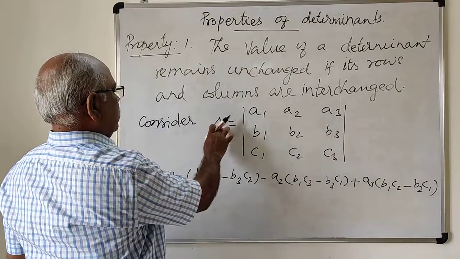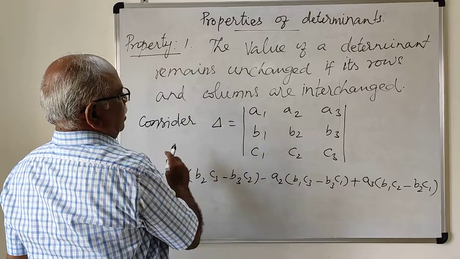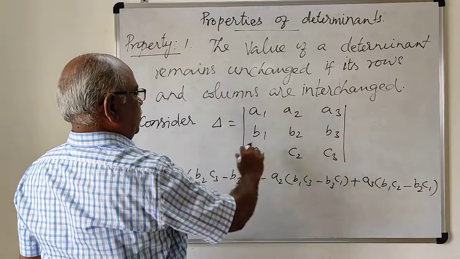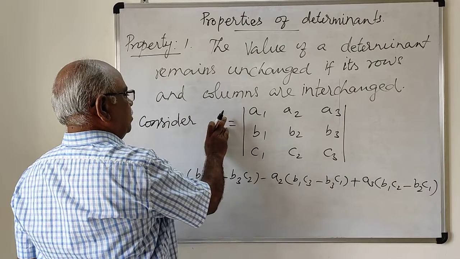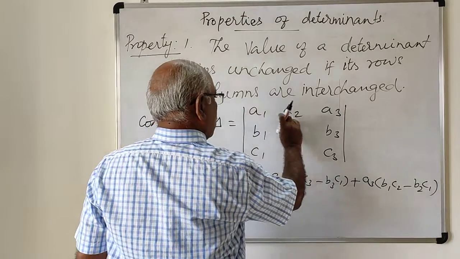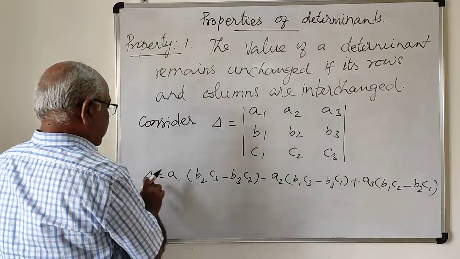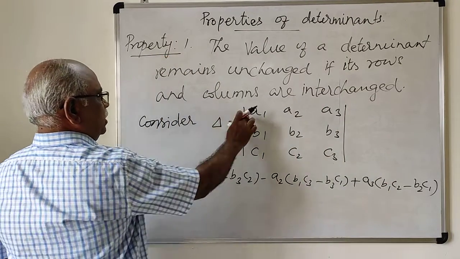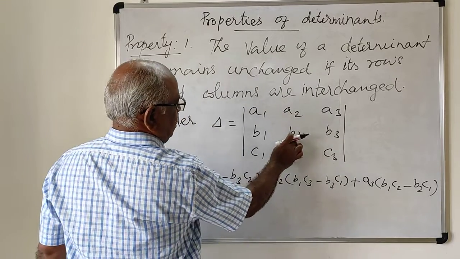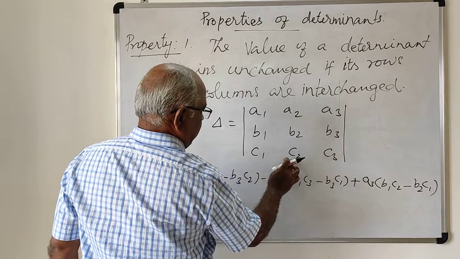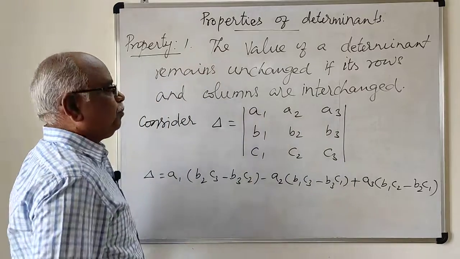This is the determinant delta given: A1, A2, A3, B1, B2, B3, C1, C2, C3. I am expanding this determinant, finding the value of the determinant along the row R1. Expanding through R1, A1 into, A1 row, A1 column you eliminate, find B2, C3 minus B3, C2.